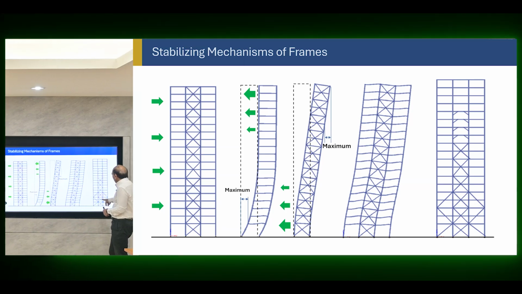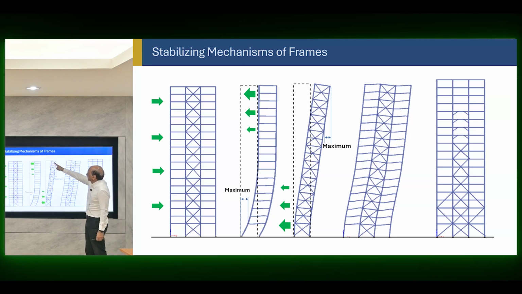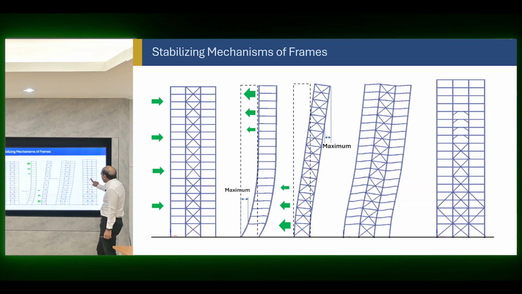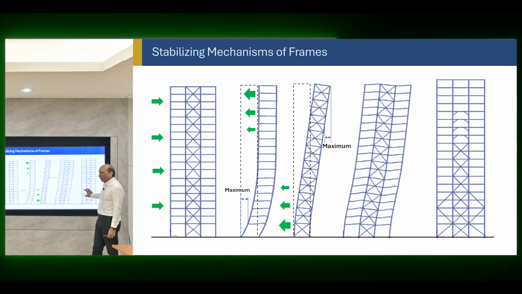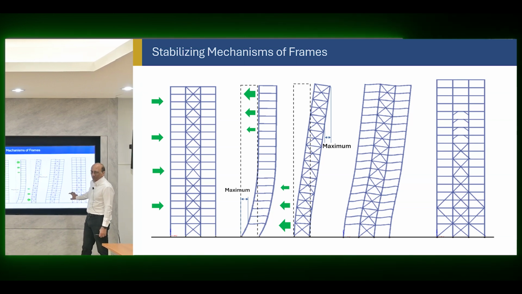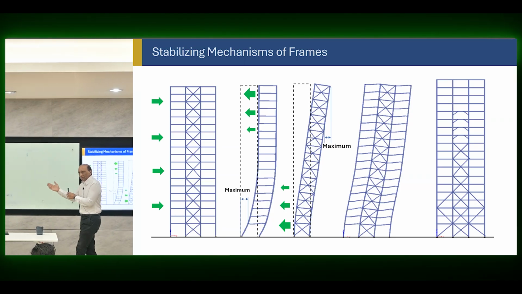Then you can optimize it by putting in bracings, distributing them in such a way that you get the optimum level, because you don't need this bracing here. You might stop it somewhere, and you might need less and less. So this is the optimization of the structural system for deformation control. Just enough to get what we want, not too much, not too little.